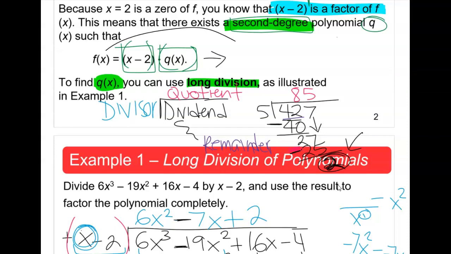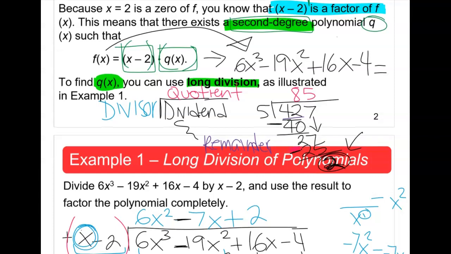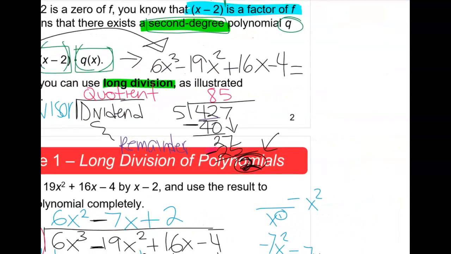So what we're saying is that f of x, which was equal to 6x cubed minus 19x squared plus 16x minus 4 is equal, I'm going to have to move my camera, is equal to the divisor, which was x minus 2.